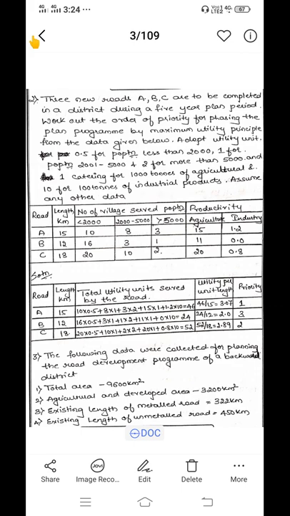So here they have given the utility unit as 0.5 for villages whose population is less than 2000, 1 for population 2001 to 5000, and 2 for population more than 5000.